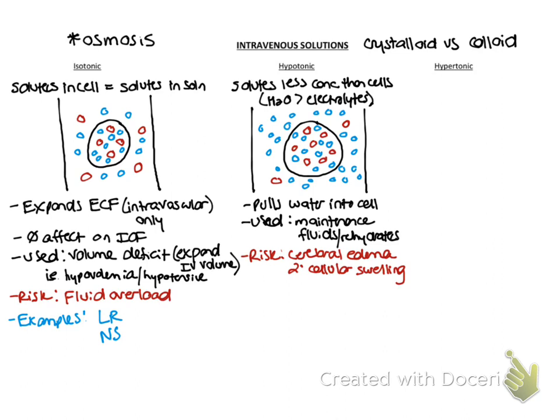What would be your first action? Stop the fluids, right? Because I'm causing cerebral edema. That's one of my first signs and symptoms that something's going wrong. We don't flat out say, hey, you're swelling the brain. We're going to give you an assessment of that. And what do we need to do?